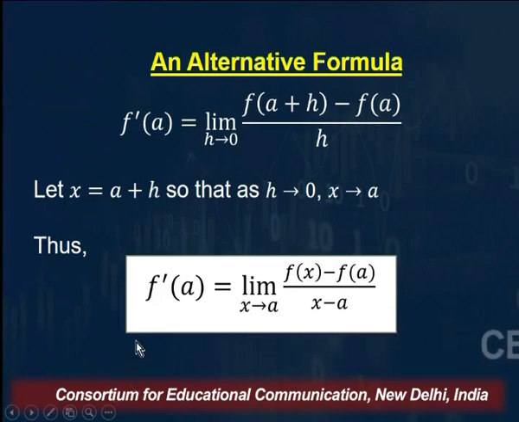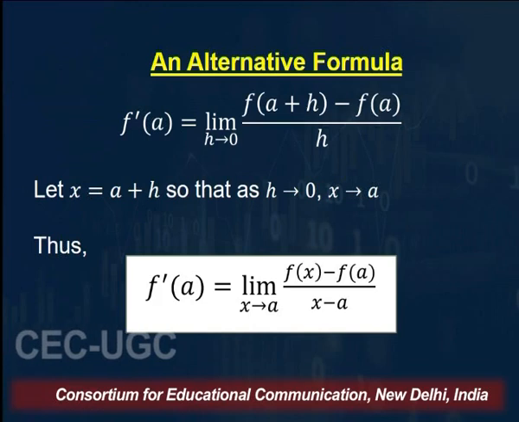So the formula for the derivative now becomes f prime at a is equal to the limit of f of x minus f of a divided by x minus a as x tends to a. This is also a formula that works very nicely in many of the problems that you do.